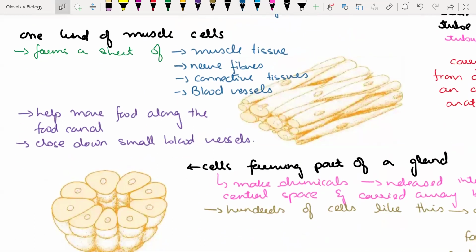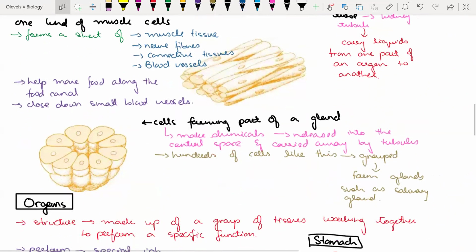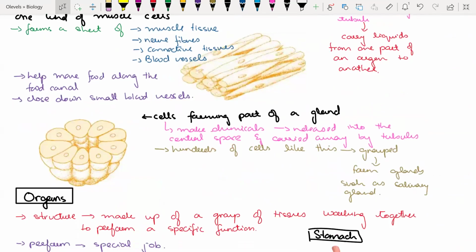If they are in the food canal, they help the food move along it. If they are present in the blood vessels, they help close down the small blood vessels. These muscles are specialized and arranged in such a way that they help in contractions.